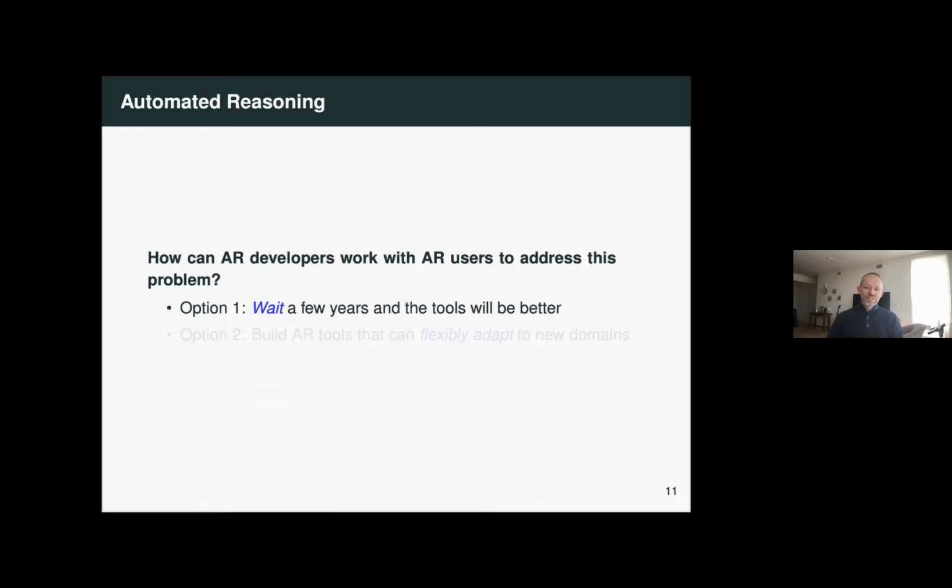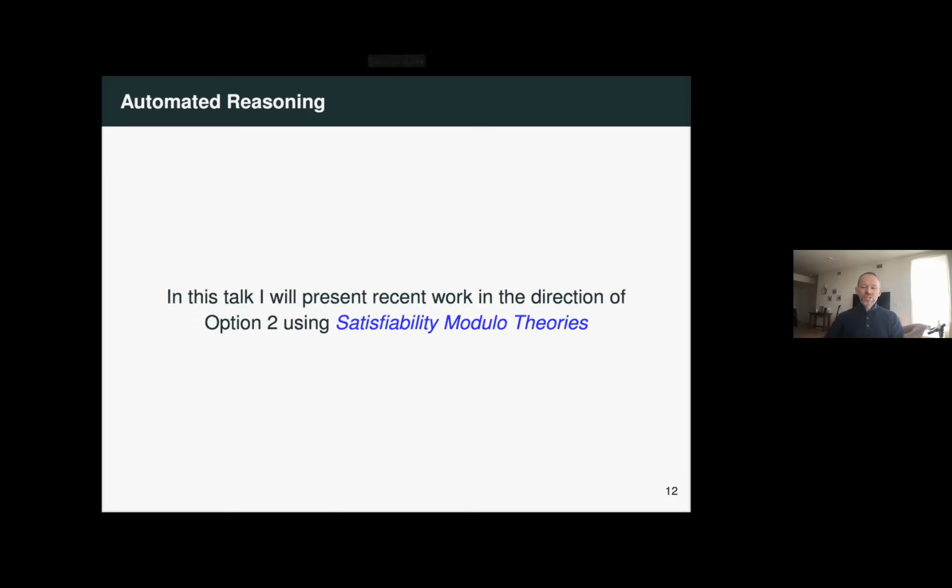But of course, that's not a great option. So let's look at option 2, which is what if we could build our tools to flexibly adapt to new domains? And what I want to talk about today is essentially showing you some examples of how we can do this with satisfiability modulo theories approaches.